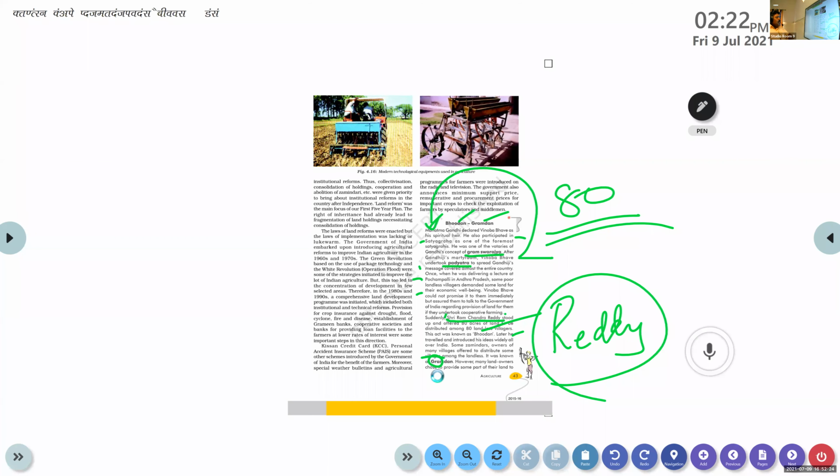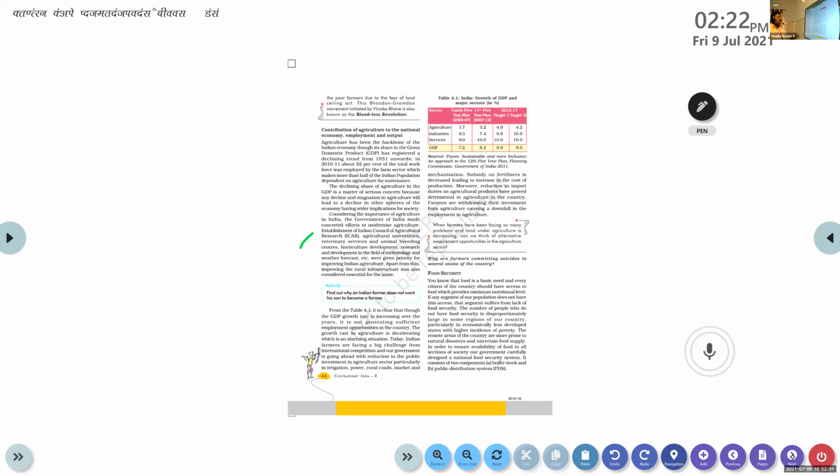However, many landowners chose to provide some part of their land to these landless poor farmers to cultivate, due to the fear of the land sealing act. At the same time the government of India declared what is basically termed as the land sealing act. Clear on what you mean by land sealing act? Sealing the land.